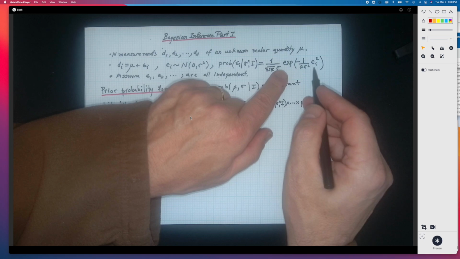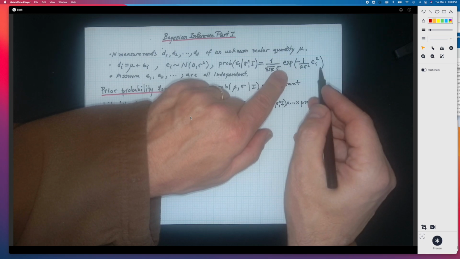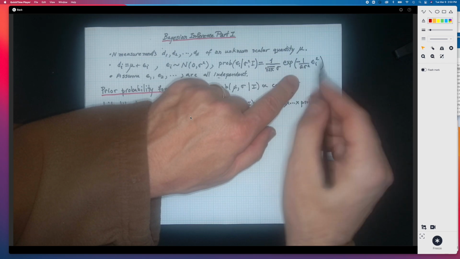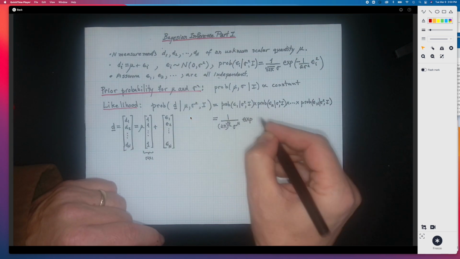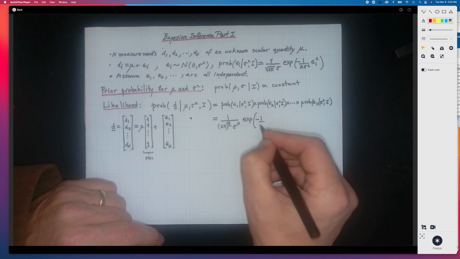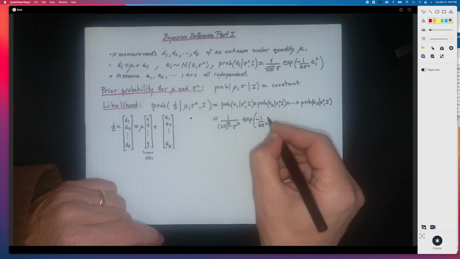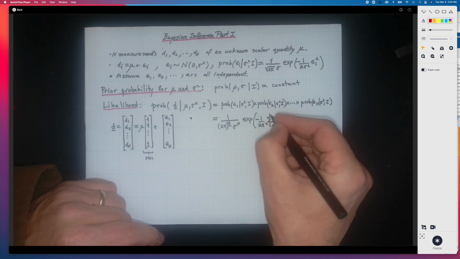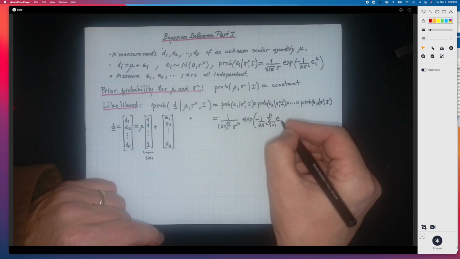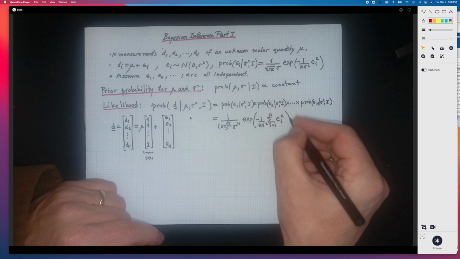So remember that the product of two exponentials is the exponential of the sum of their arguments. So that's going to simplify to exponential minus 1 over 2 sigma squared times the sum from i equals 1 up to n of epsilon sub i squared.